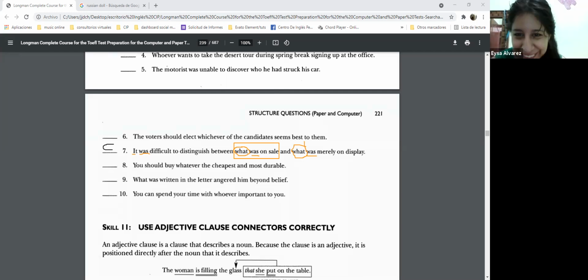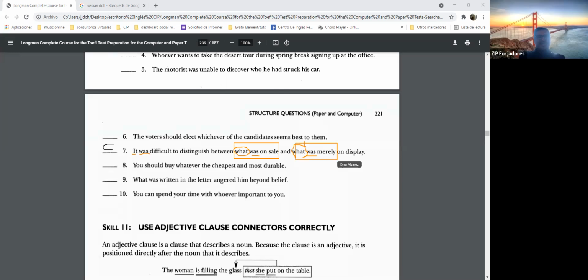Very good. Okay. Now with "between", right? Okay, check this out. This one, between, is a conjunction that goes together with "and".